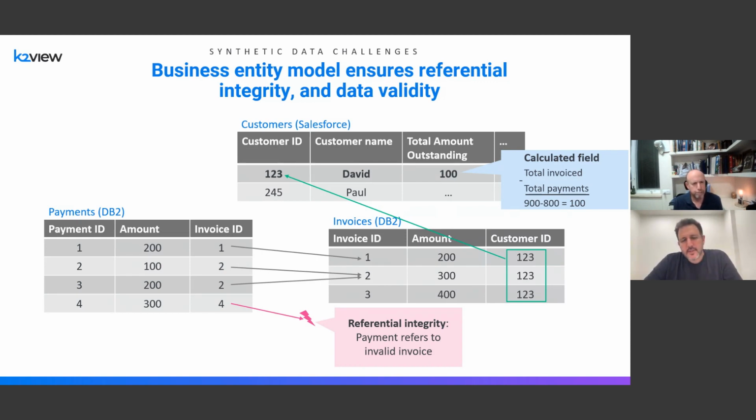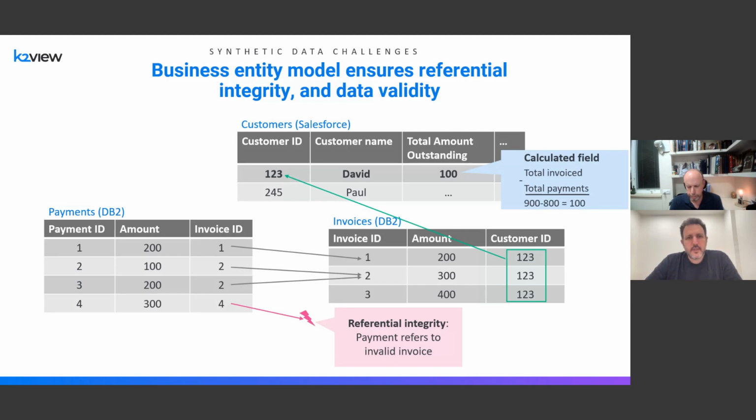We have a Salesforce application where we manage our customers, and we have 2 DB2 databases, separate ones for payments and for invoices, in 2 separate tables. What we want to do is keep referential integrity over the entire data set spanning multiple systems. So when we provision synthetic data, we keep this referential integrity.